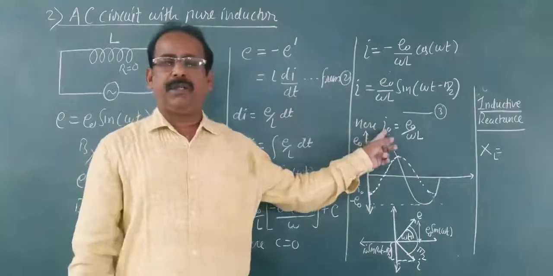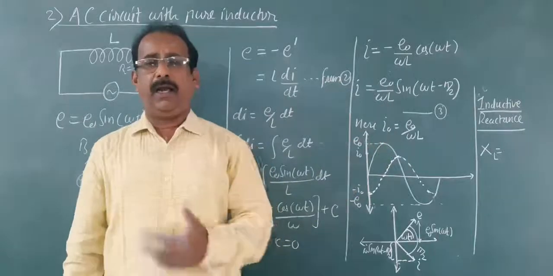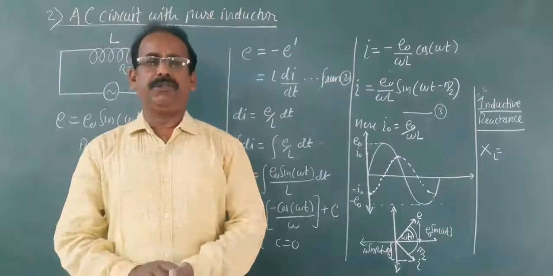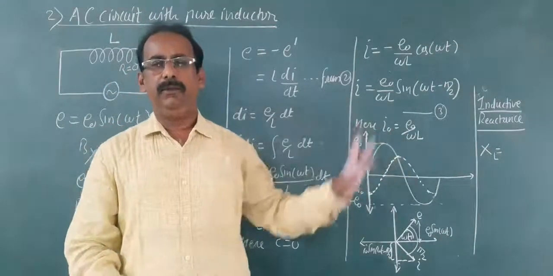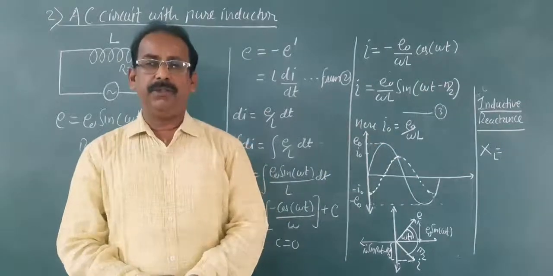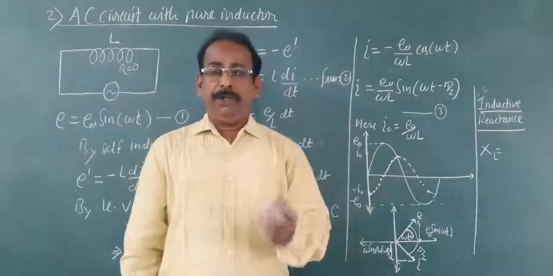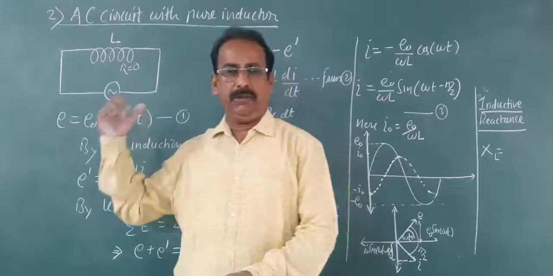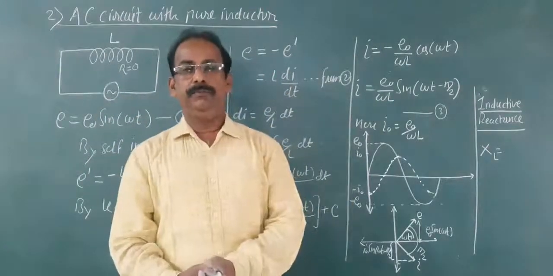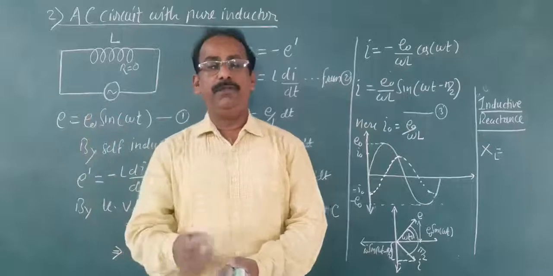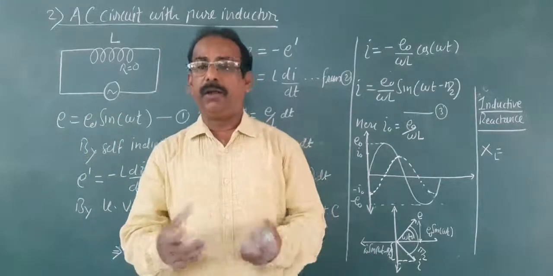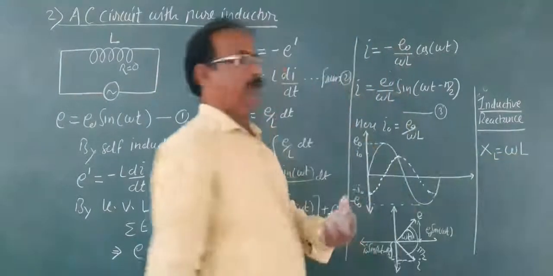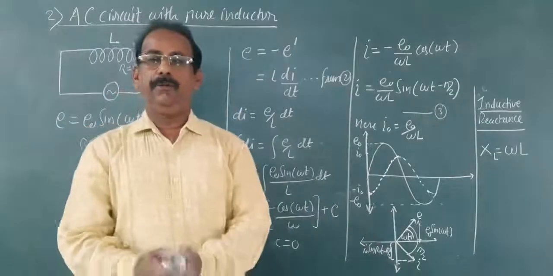If we compare this equation I0 equal to E0 upon omega L with Ohm's law, we observe that in place of resistance, there is the quantity omega L. It means that this quantity omega L plays the role of resistance in this inductive circuit, which is called inductive reactance. Therefore, inductive reactance comes equal to how much? Omega L. Of course, unit is Ohm.